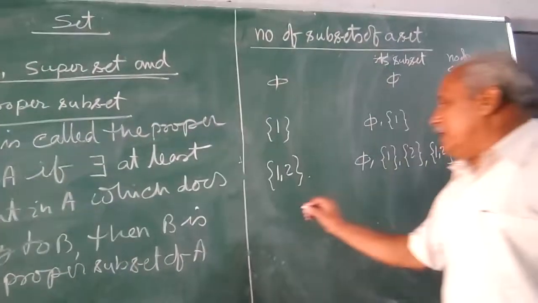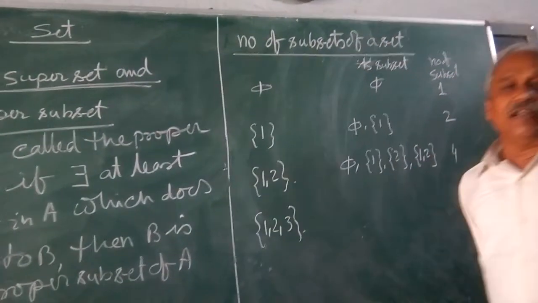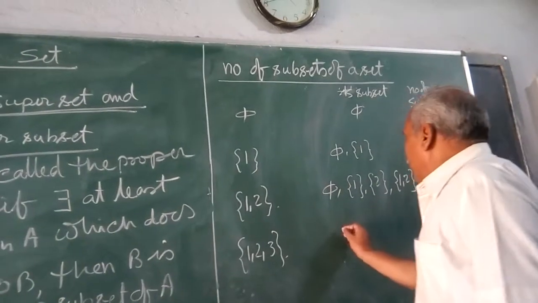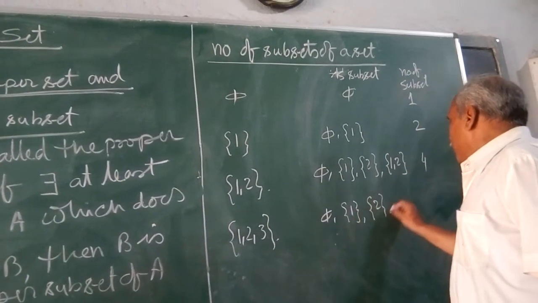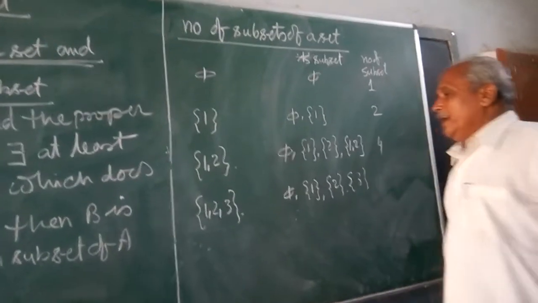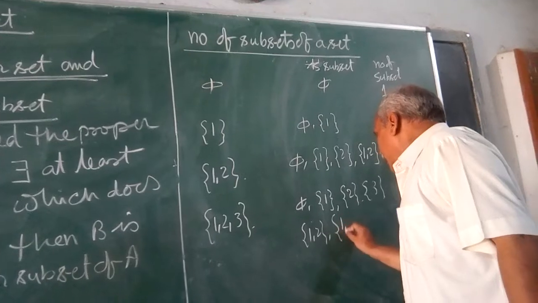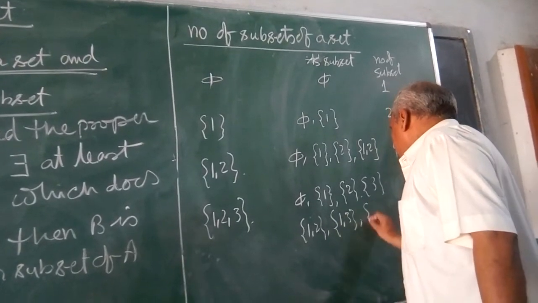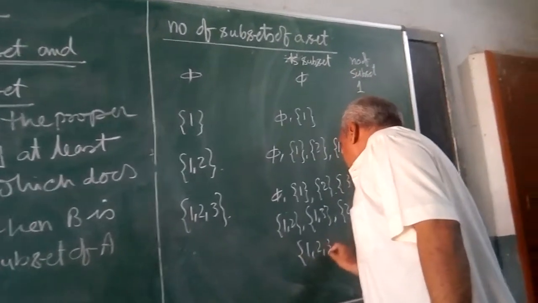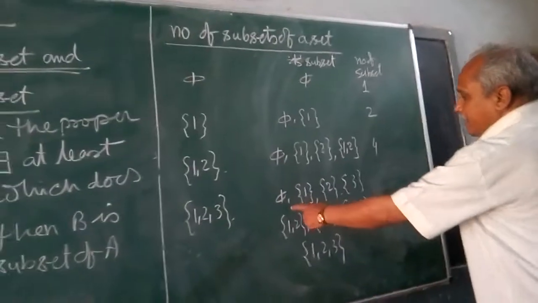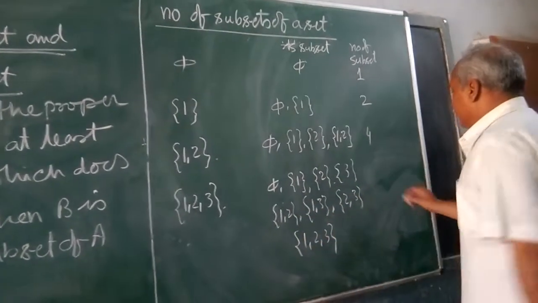Now, if we take {1, 2, 3}, a set containing 3 elements, then phi, taking one element: {1}, {2}, {3}. Okay, taking 2 elements: {1, 2}, {1, 3}, {2, 3}. Okay, and {1, 2, 3} taking all these together. Now see here, number of subsets: 1, 2, 3, 4, 5, 6, 7, 8.